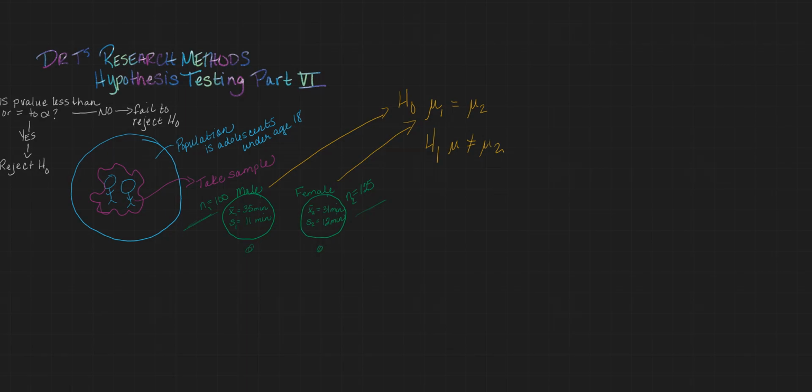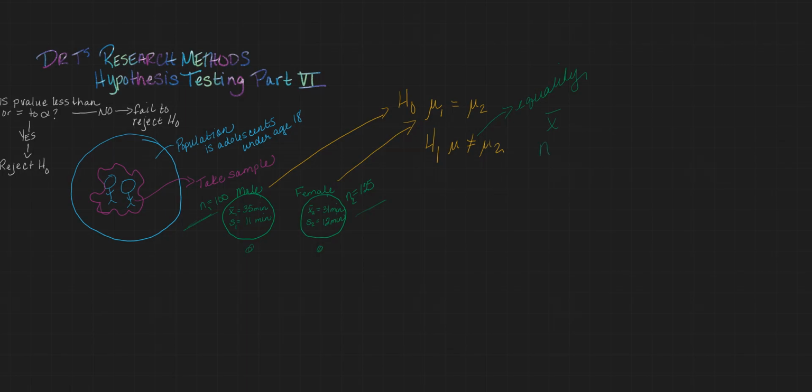And I also know that there's an equality in the null hypothesis, even though it's an inequality in my alternative hypothesis. I'm also looking at average time, so I'm looking at a mean.